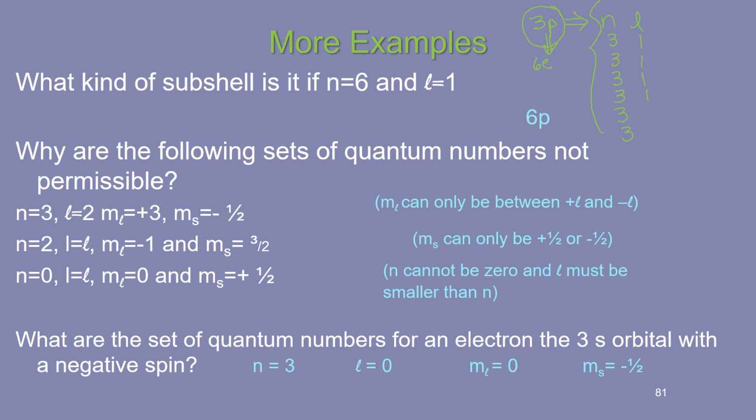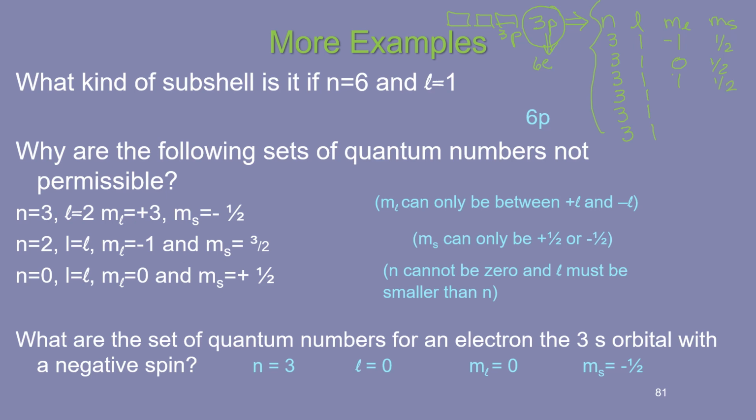So L is 1. Now here comes where the difference is. If we have a 3p subshell, we have 3 orbitals, right? So m sub l can be -1, it can be 0, and it can be +1. Then m sub s can be 1/2.